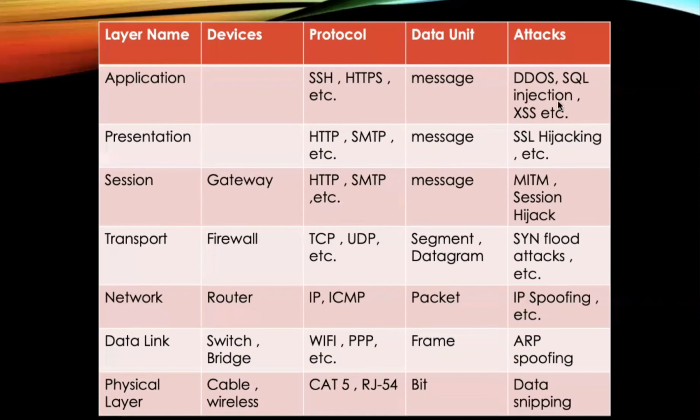OSI is the basic model for everything. It tells how data is transferred from one machine to another. So we should at least know this table: the layer names, devices, protocols, data units, and attacks. This is the basic.